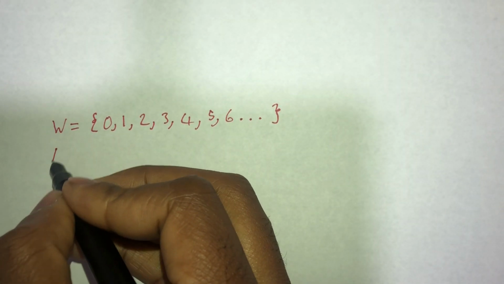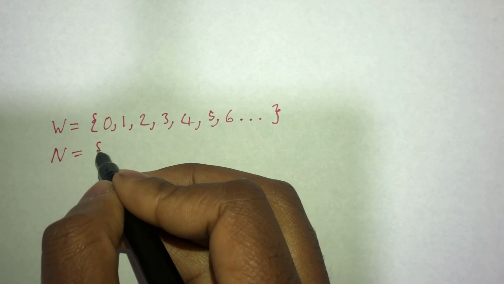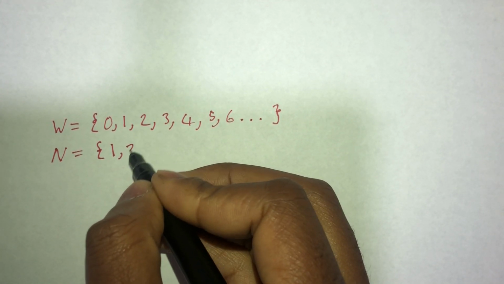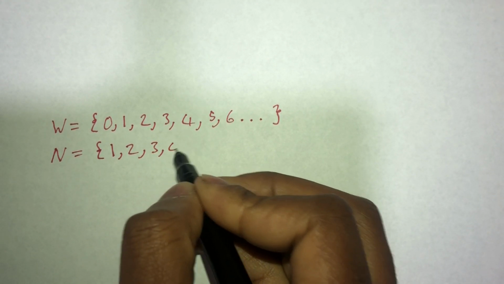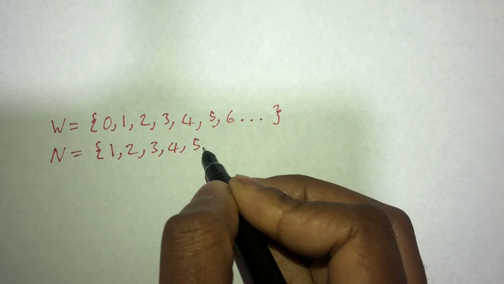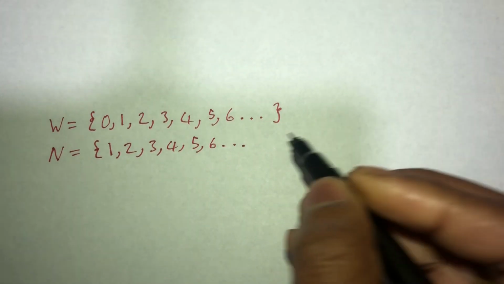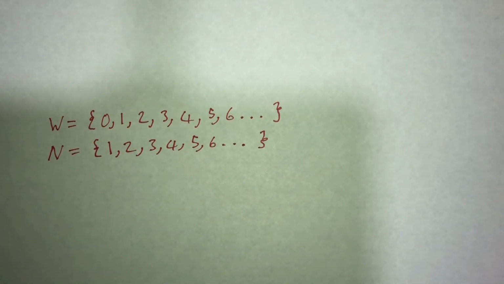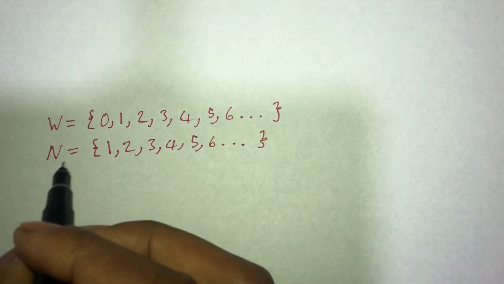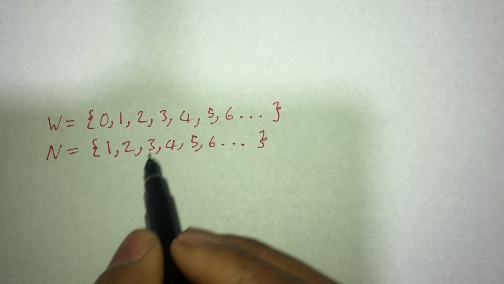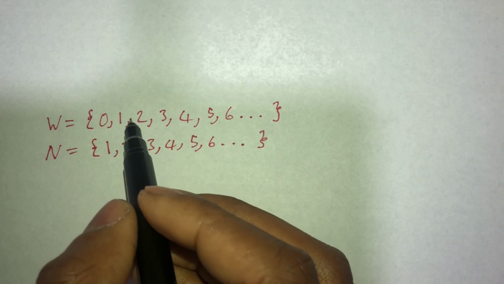The set of natural numbers begins at 1, 2, 3, 4, 5, 6, and it goes on forever to infinity. So we can say that the set of natural numbers is a subset of whole numbers.